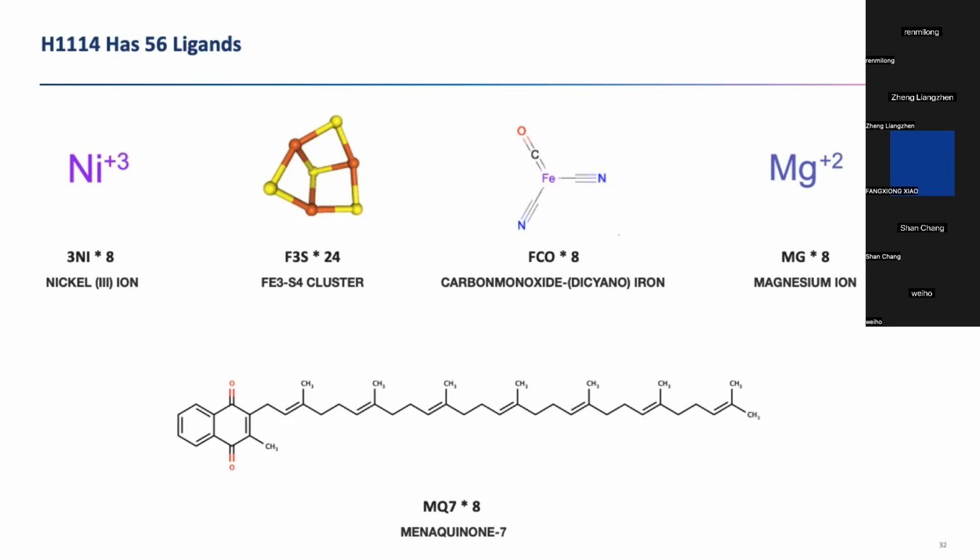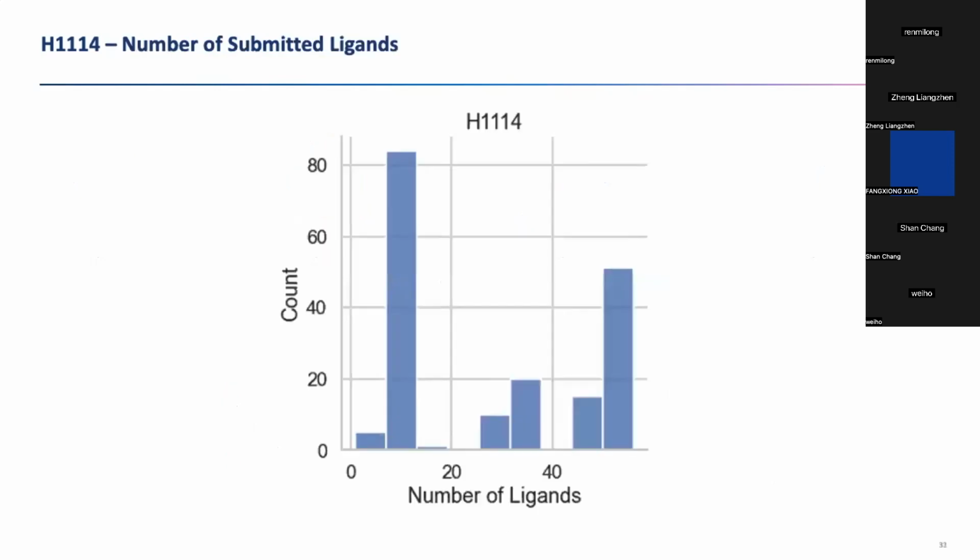So really a wide range of things. But then I've got 56 ligands in there. How do I score this? And this is something that we spent a lot of time talking about, and eventually just decided to settle on taking the average of the LDDT PLI as well as the average RMSD across. Love it if somebody has a better idea on how to do this.